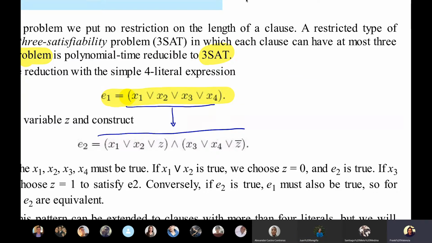Yeah, so that's what we're going to try to see. You need to show that E1 is satisfiable if and only if, or let's write it with a double implication, E2 is satisfiable.